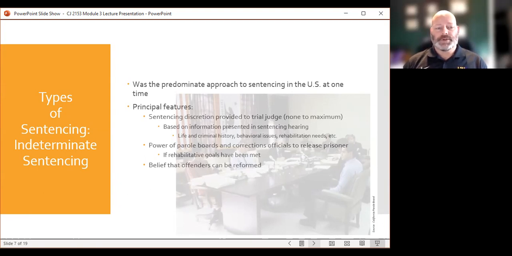During this period, parole boards and corrections officials had the power to release prisoners on their own accord if they felt that rehabilitative goals have been met. Within this framework of sentencing is the belief that offenders can be reformed.